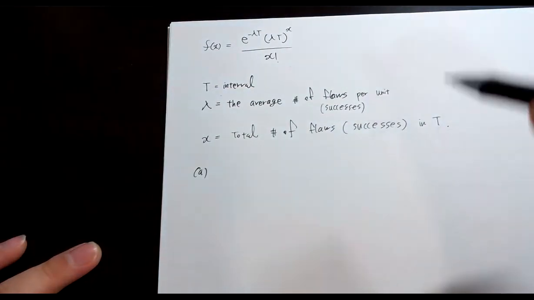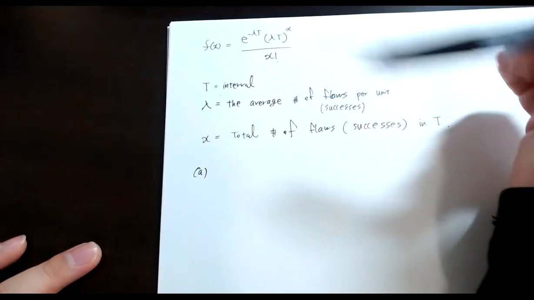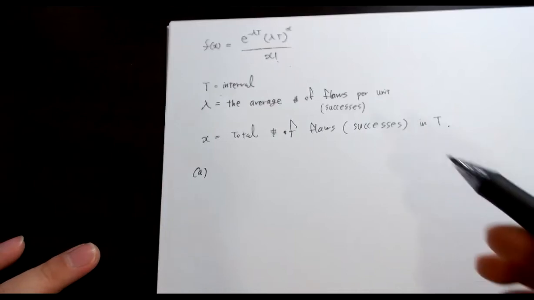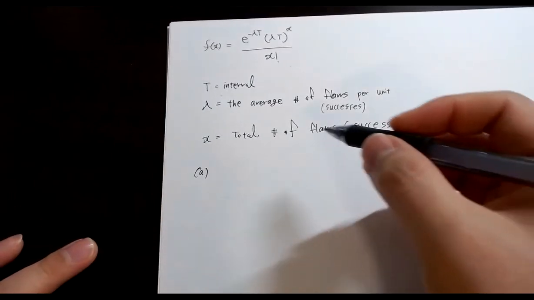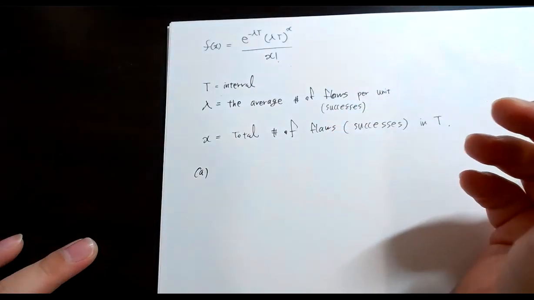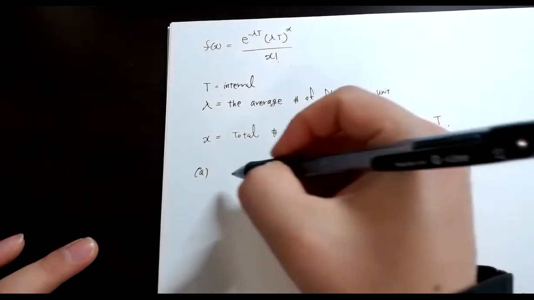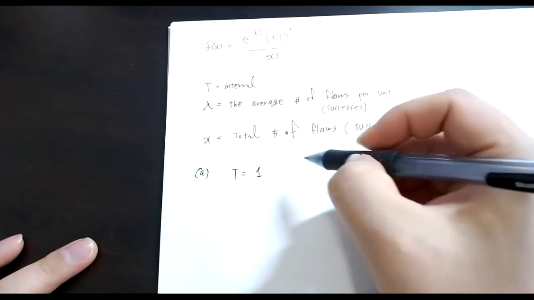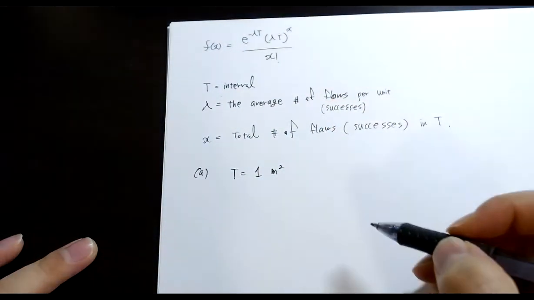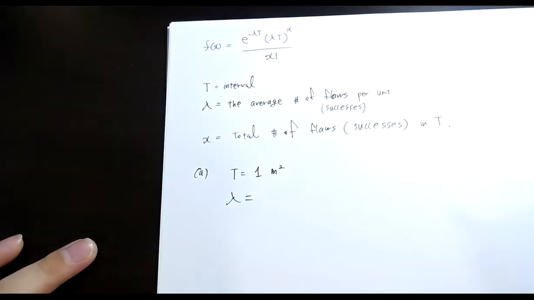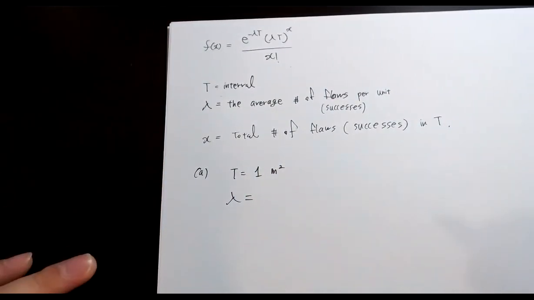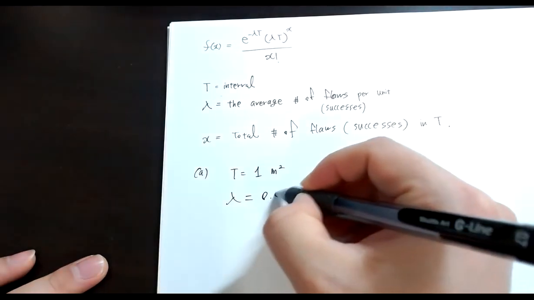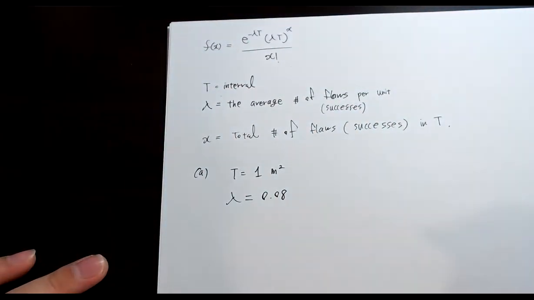Now for question A, we need to figure out all the parameters, lambda and t and x, to figure out the probability. The question says, what is the probability that there are two flows, meaning x, in 1 square meter of cloth. So t is going to be 1 square meter, and lambda is given in the problem, which is 0.08.